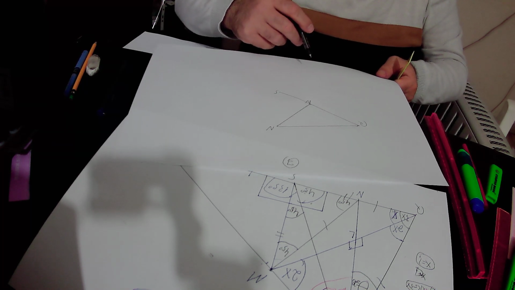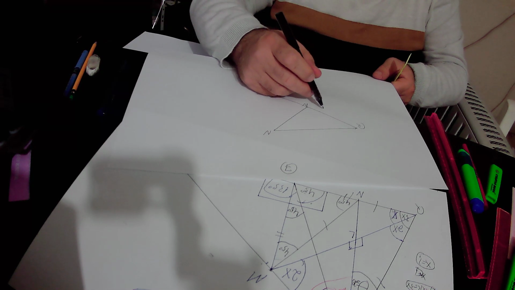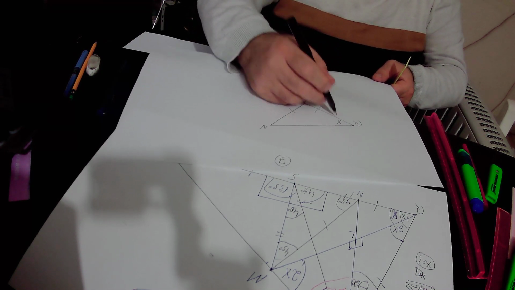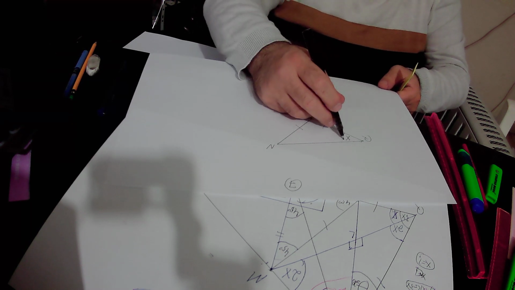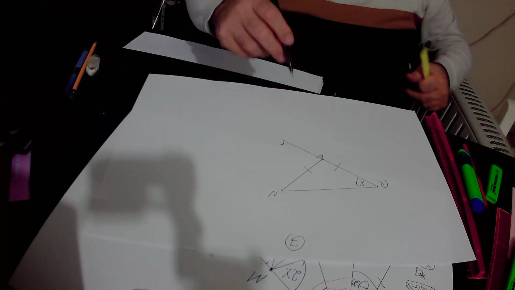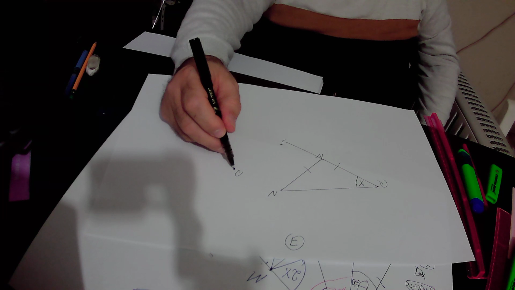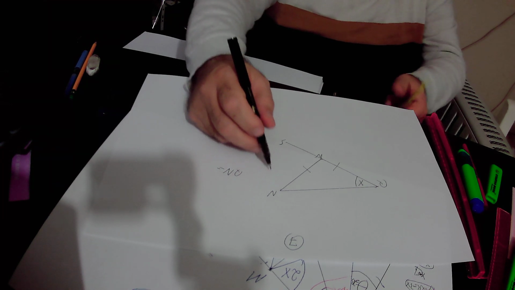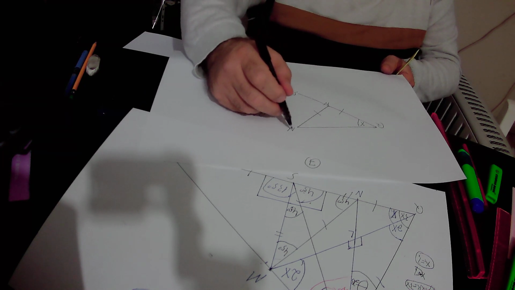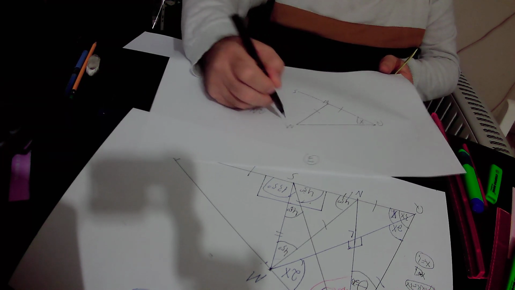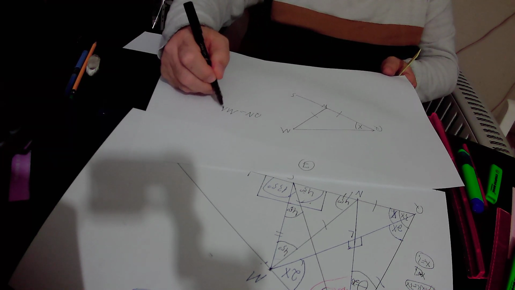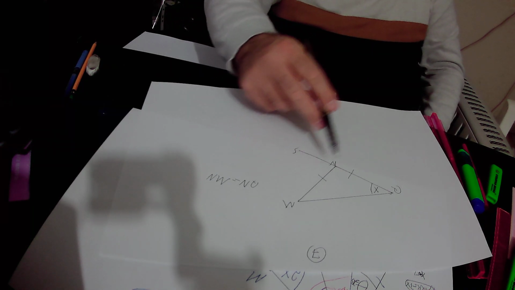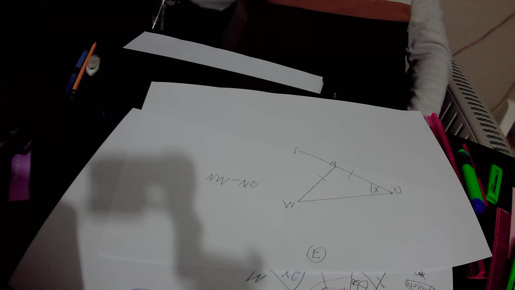So we found out that QN equals MN. This is angle X. Again, QN equals MN in triangle QMN.